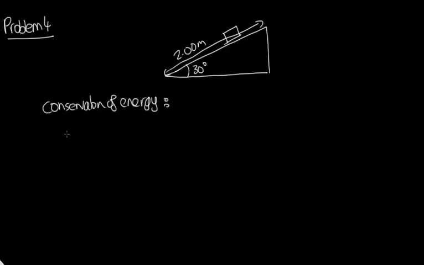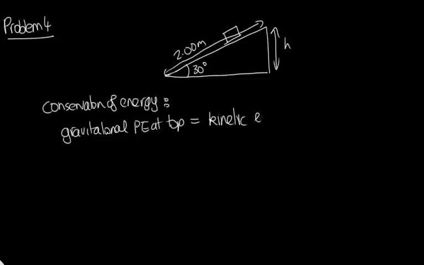So we've got gravitational potential energy at top, and then at the bottom it's lost all that gravitational potential energy because it's moved down some height, h. And so that energy is converted into kinetic energy. So this is equal to the kinetic energy at the bottom.